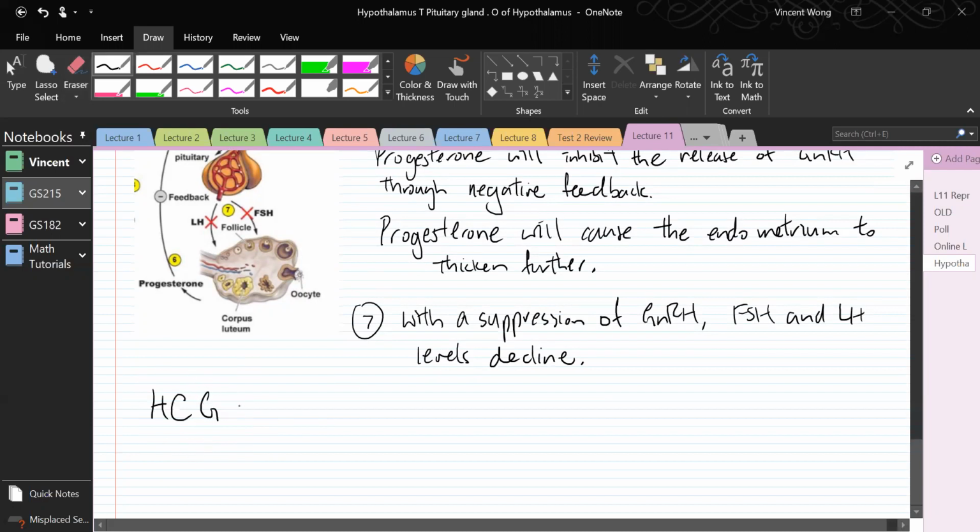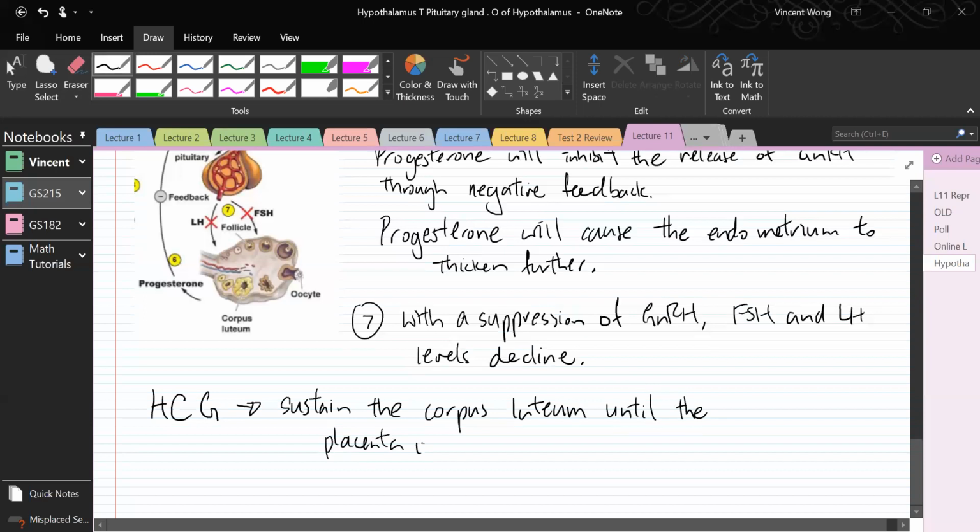This one will sustain the corpus luteum until the placenta is fully formed.